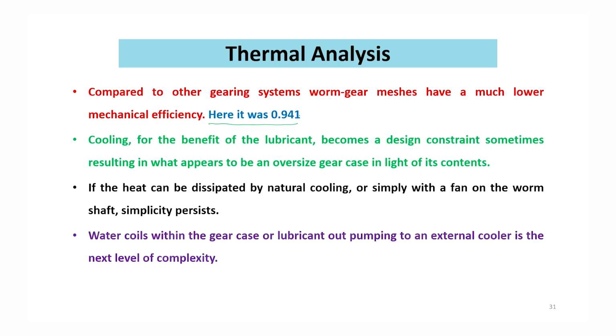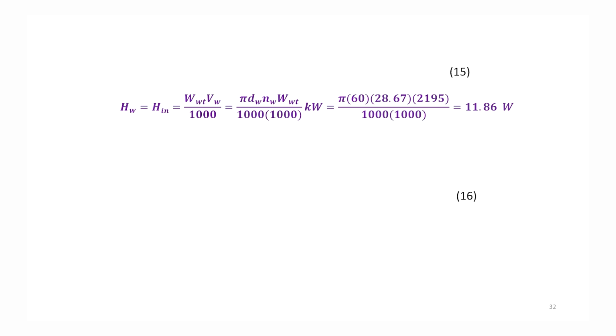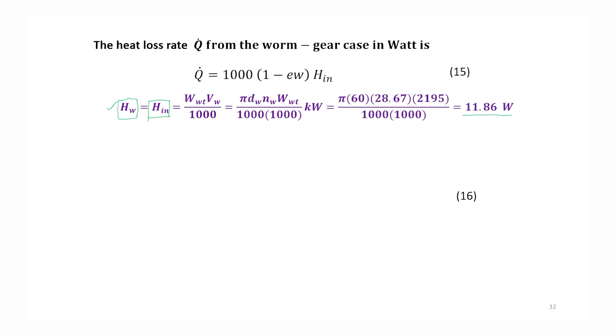So we will use that to get the input power. Input power is the power of the worm, H_W, and H_W we have calculated as 11.86 watt. And we have the heat loss rate Q dot from the worm gear case.